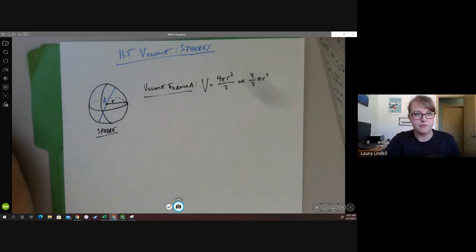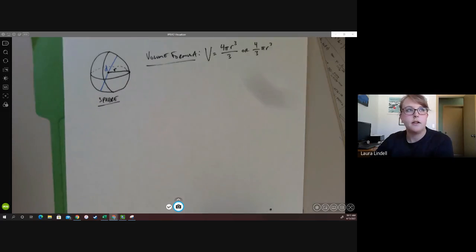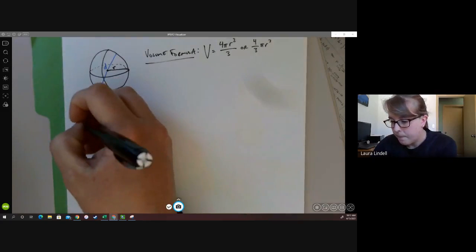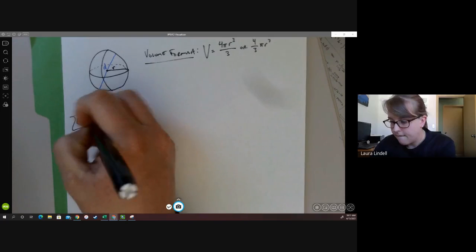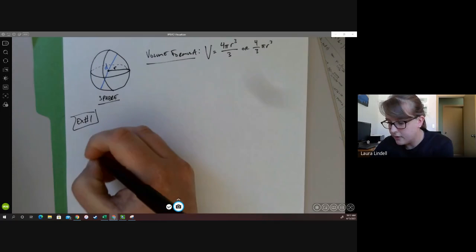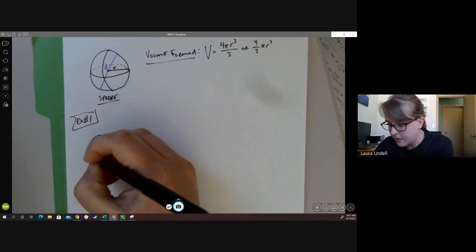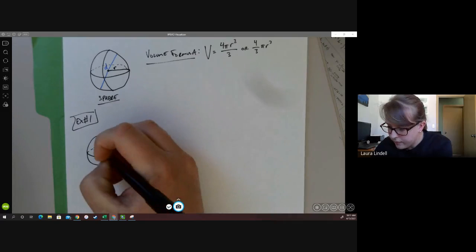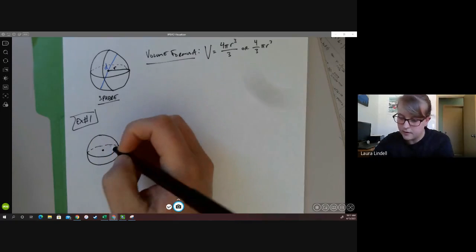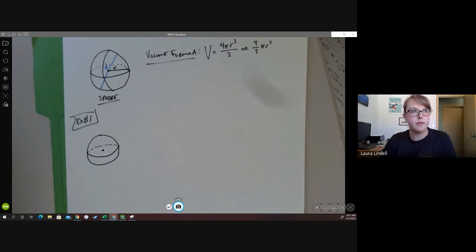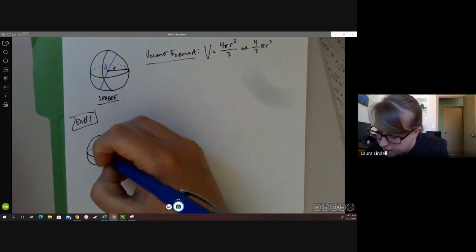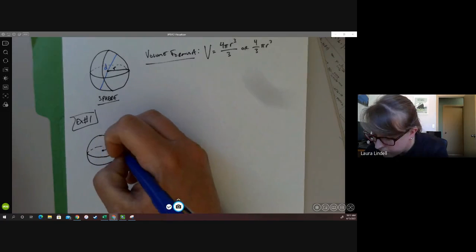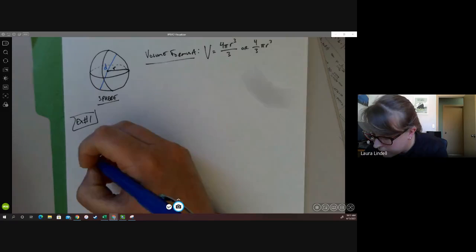Anyways, so let's do a couple of examples, and then we'll probably be good to go. Example 1, here's our sphere. There's the center. And here's our diameter.